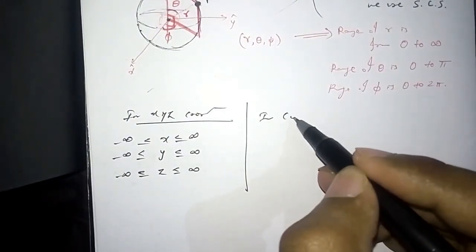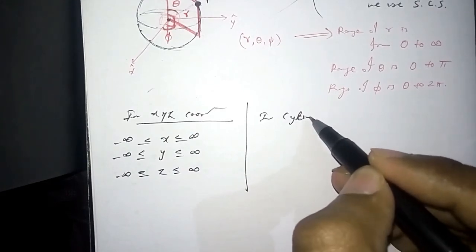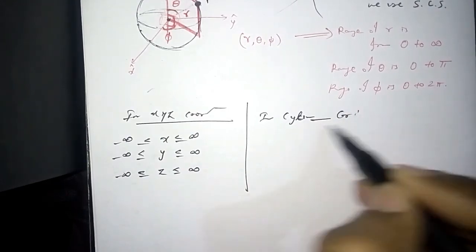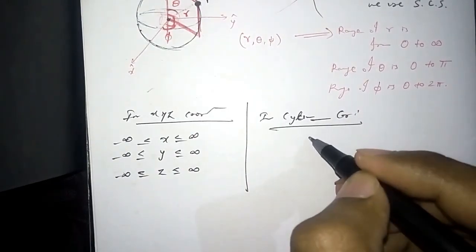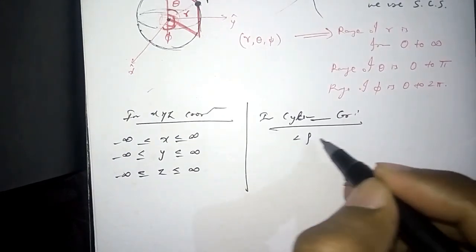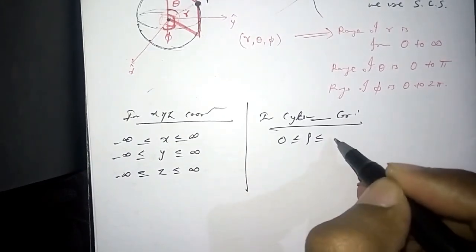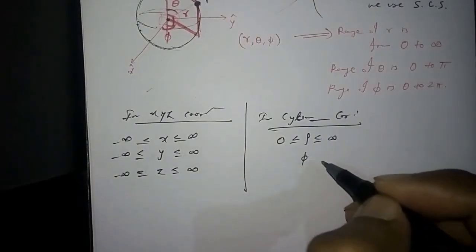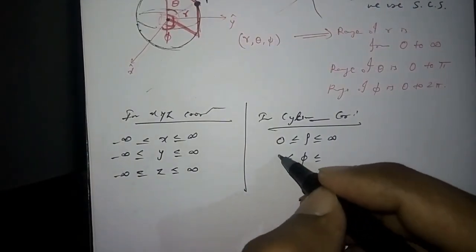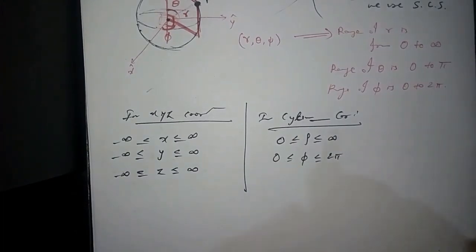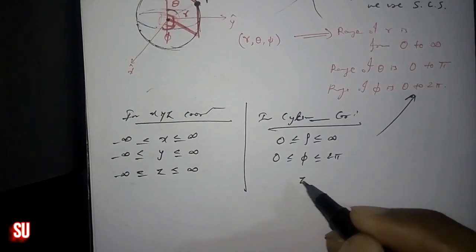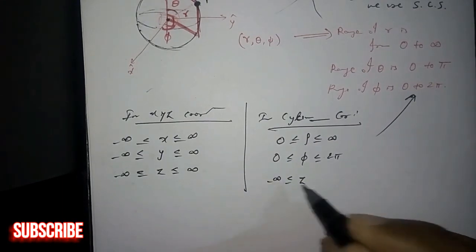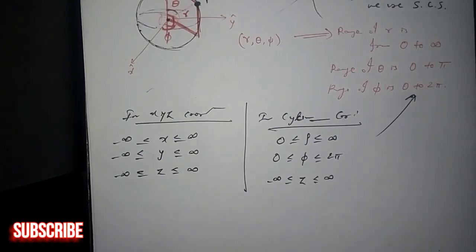In cylindrical coordinate, r is from 0 to infinity and phi is from 0 to 2 pi as in spherical coordinate, and z is from minus infinity to infinity.